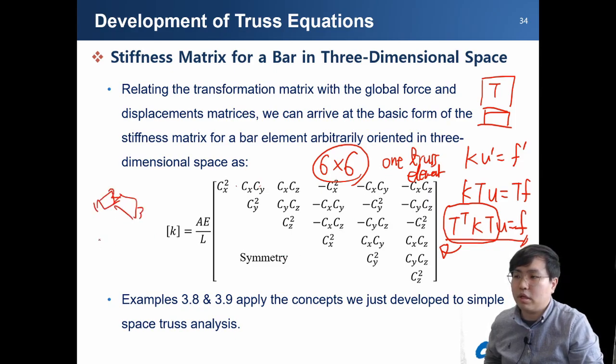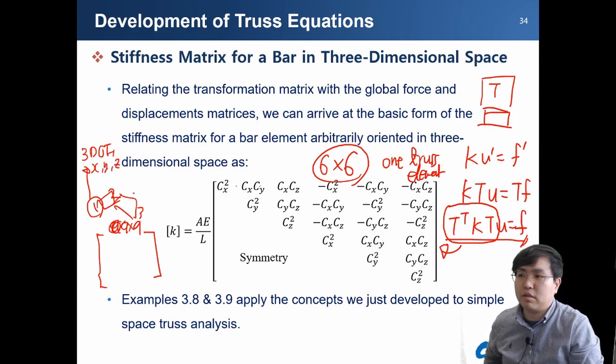1, 2, 3 nodes, let's guess how the global coordinate system matrix can be expressed: 9 by 9. It is because one node has 3 degrees of freedom. I mean that they have 3 components for the displacement vector, since if they have some displacement, we should check the whole x, y, z components in the global coordinate system.